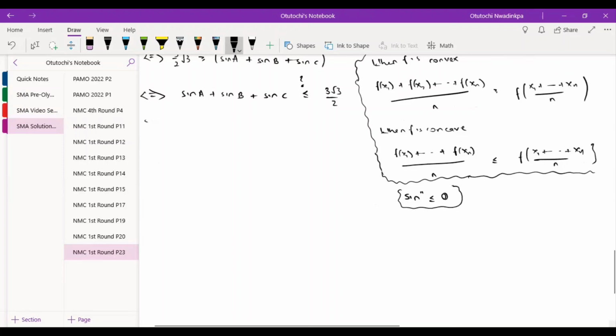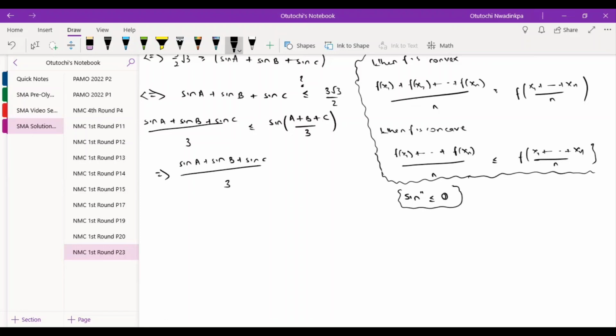So this gives us that sine A plus sine B plus sine C over 3 is less than or equal to sine of A plus B plus C over 3. A plus B plus C is 180 degrees, and over 3, that is equal to sine 60, which is root 3 over 2.